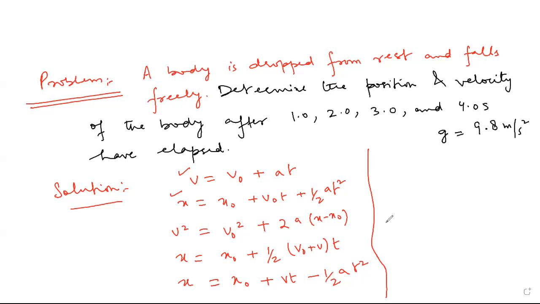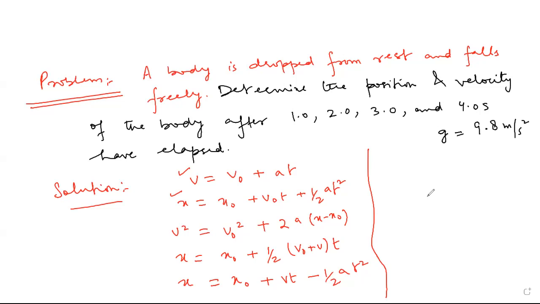Right? Now, what do we do when we know the acceleration is constant, and that is g directed downward? We change these equations and make another set of equations for free fall motion.